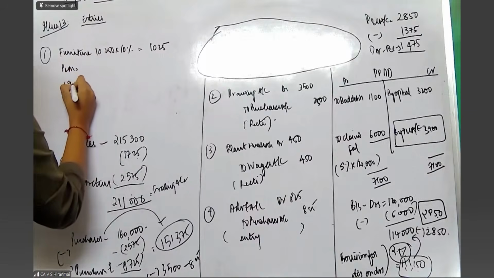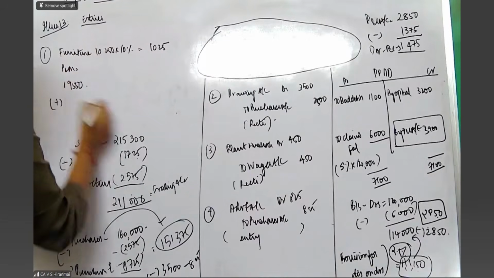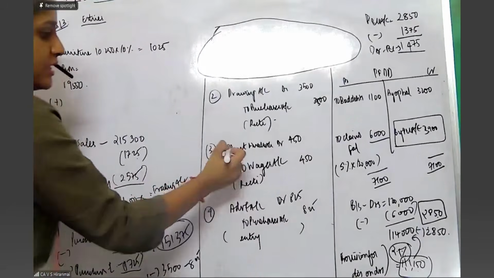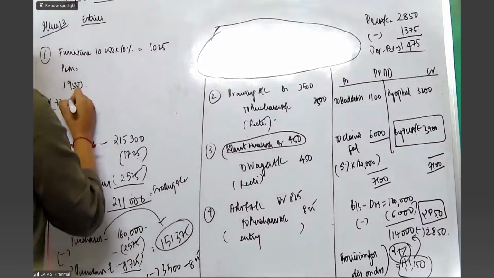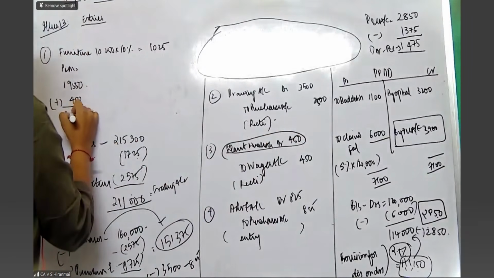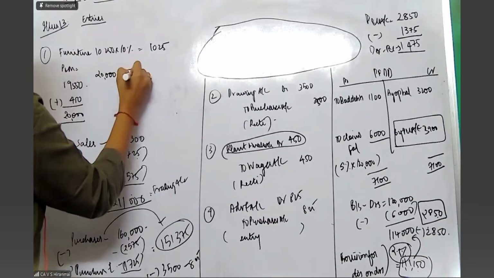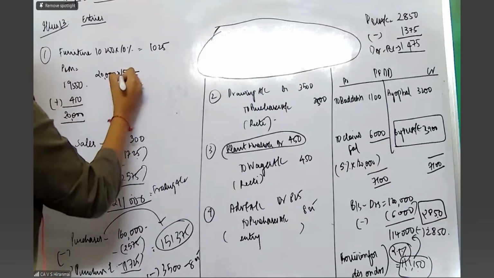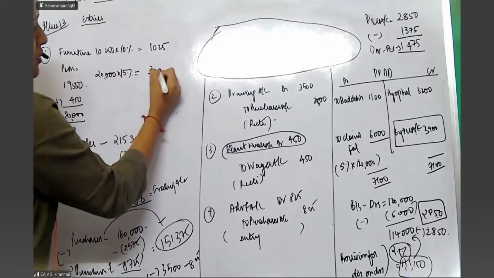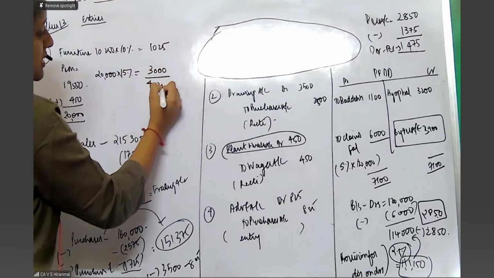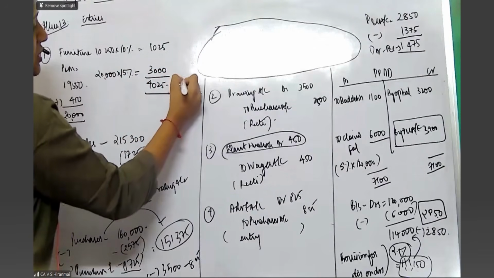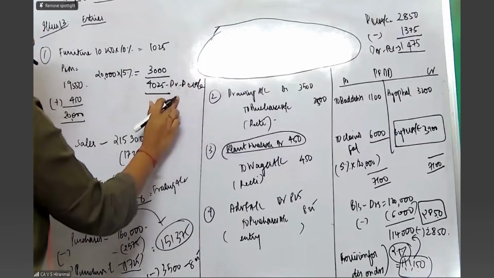Here you should see 19,550 plus the rectification entry you passed. You have increased the value of plant and machinery by 450. That means the total value is 20,000. On 20,000 you should compute 15%. It gives you 3,000. So 4,025 is the depreciation which will go into the P&L account debit side.